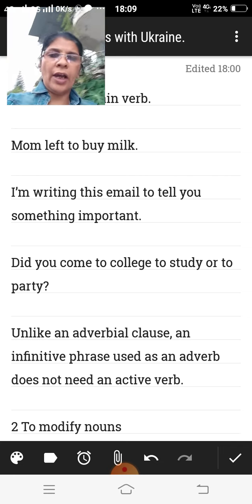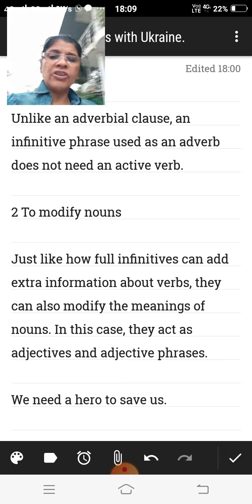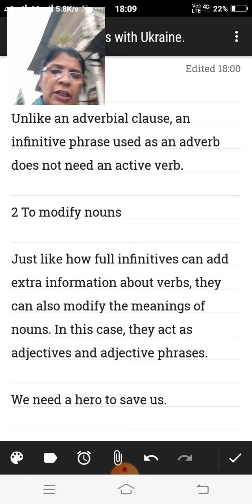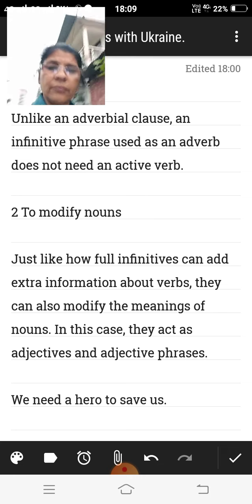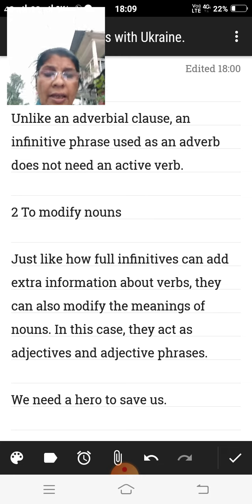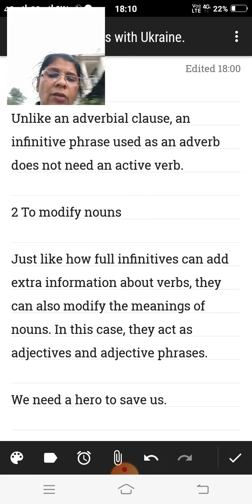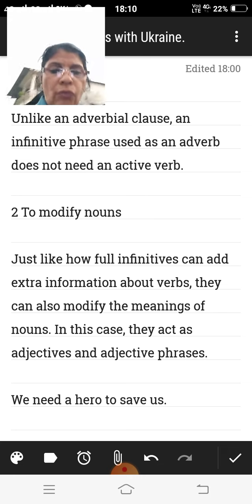To modify nouns: just like how full infinitives can add extra information about verbs, they can also modify the meanings of nouns.